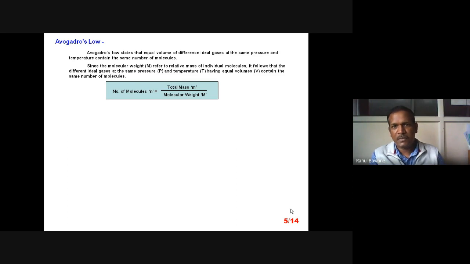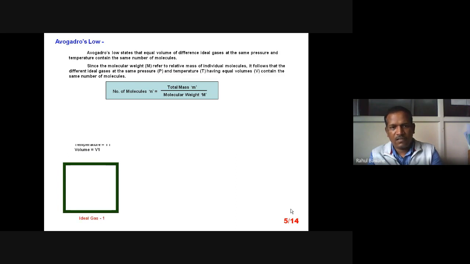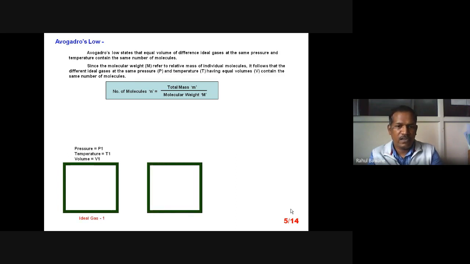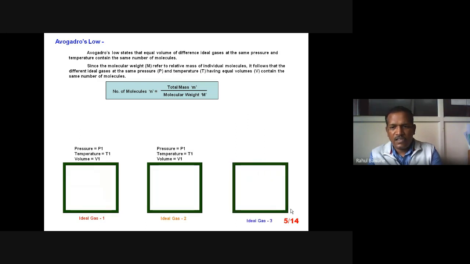Total mass is denoted by small m and molecular weight by capital M. So total mass divided by molecular weight gives the number of molecules N. Now suppose there are three gases, ideal gas 1, ideal gas 2 and ideal gas 3, all having the same pressure, temperature and volume. So P1, V1, T1 are the conditions for all three gases.